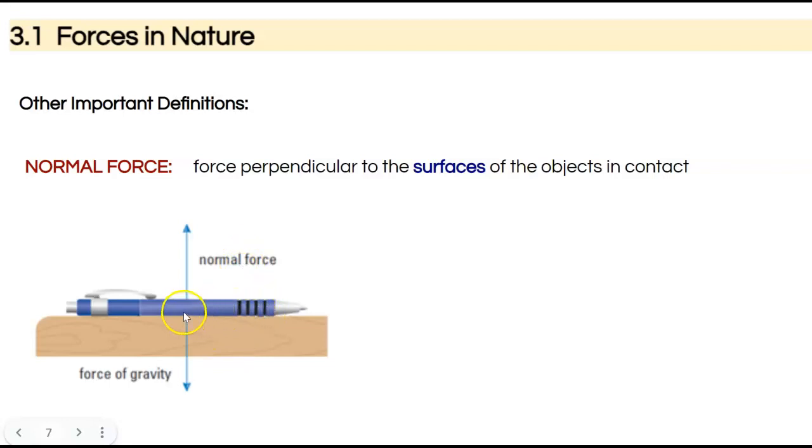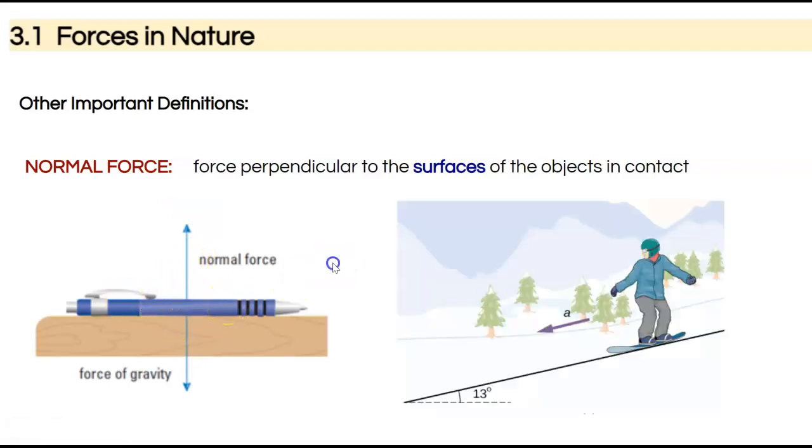And so what that indicates to me is that the force of gravity, which is acting downward towards the surface of the earth on that pen, must be equal but in opposite direction to the normal force here. And the normal force, if my pen is sitting along this surface, then 90 degrees to that surface would be the normal force. And so because those are equal, we see that that object is at rest in this case.